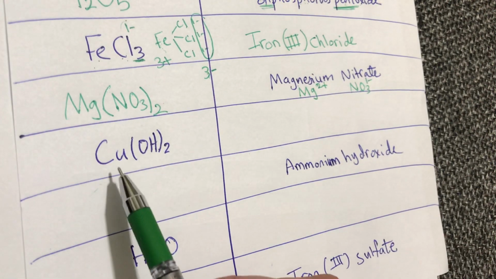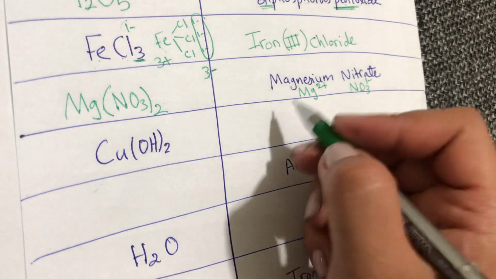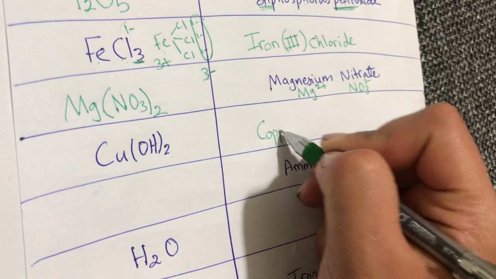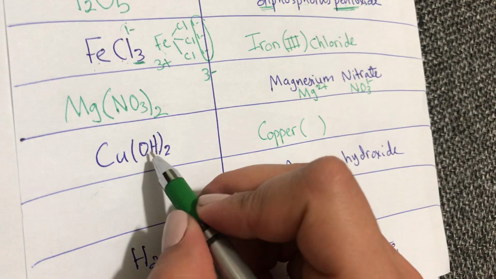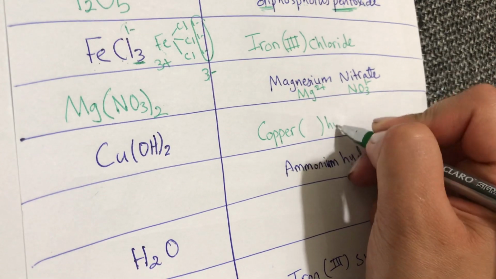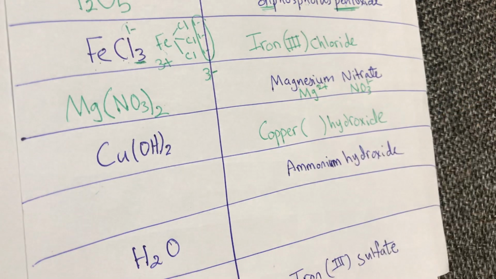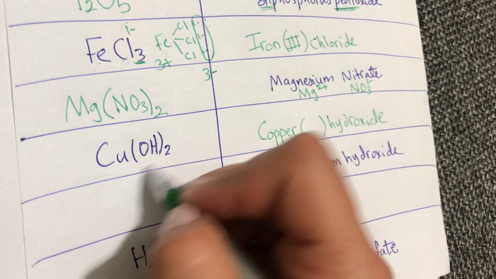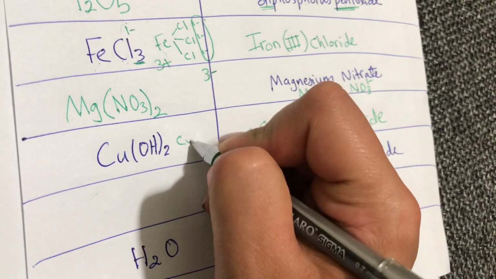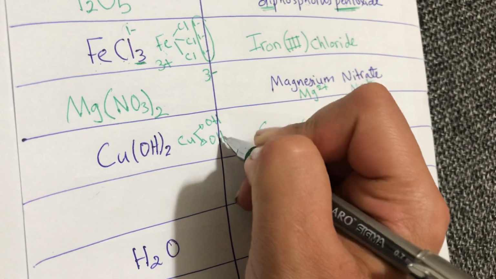Now copper, or CuOH by 2. So Cu for copper, it's a transition metal, so you have to write the charge. OH is a polyatomic ion, hydroxide. What is the charge for copper? So here in this compound you have 1 copper and 2 hydroxide groups.